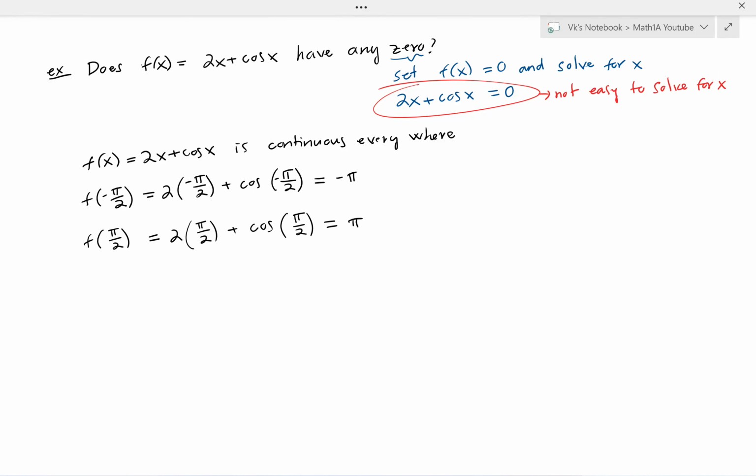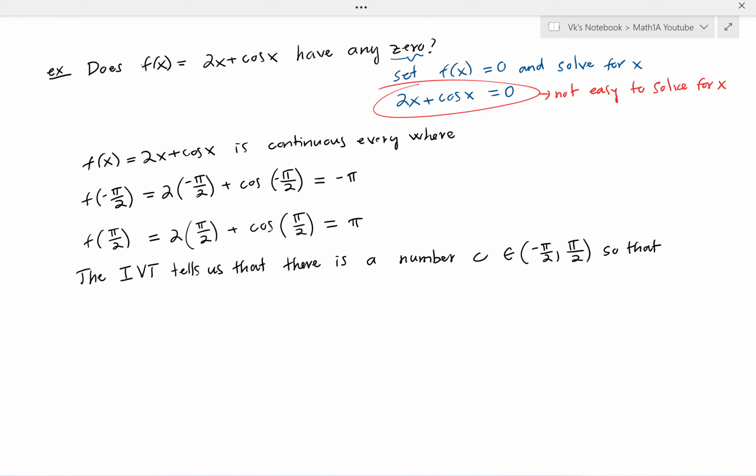From the intermediate value theorem, the intermediate value theorem tells us that there is a number c between negative pi over 2 and pi over 2, so that f(c) is between f of negative pi over 2 and f of pi over 2.